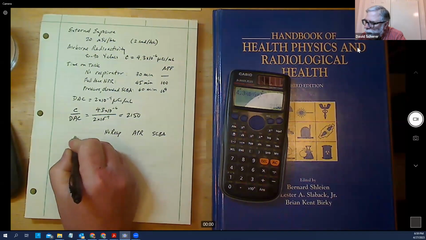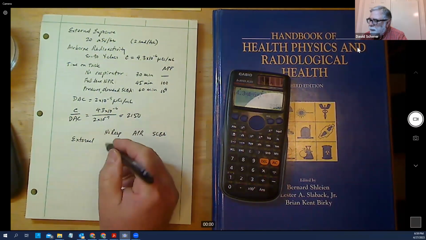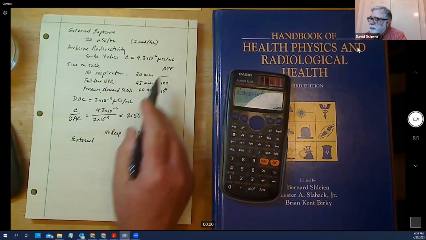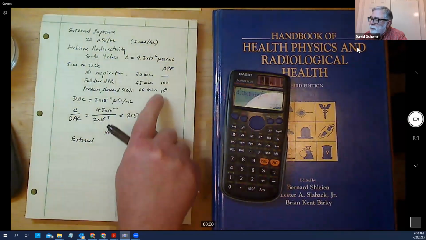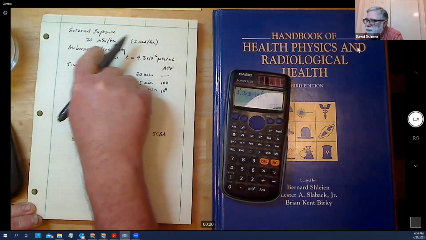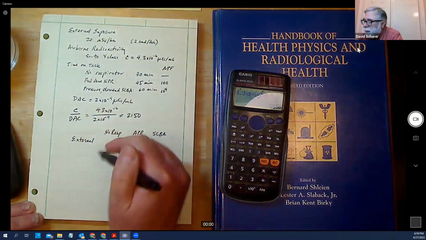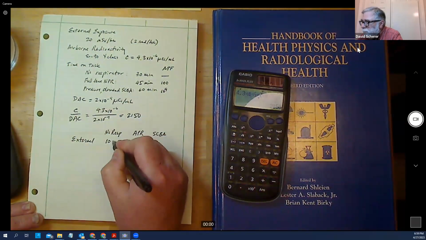So the first component is external. For no respirator, it's 2 rads times 30 minutes, or 20 millisieverts. I'm going to do this in millisieverts per hour. 20 millisieverts per hour for half an hour, that's 10 millisieverts.